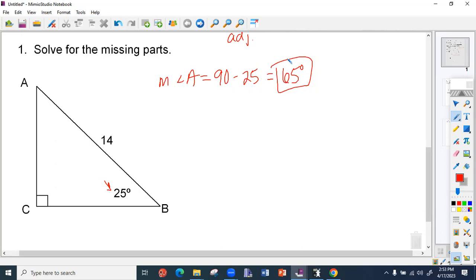Can you find the missing angle of a right triangle? Yes. Okay. Now we're going to go on to sides. So we're going to find side AC. In regards to our given information of 14 and 25 degrees, this is our hypotenuse. What is the relationship between angle 25 and side AC?